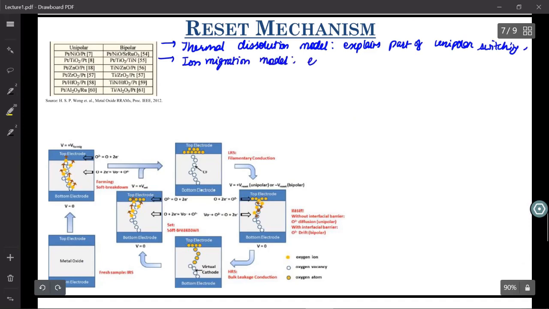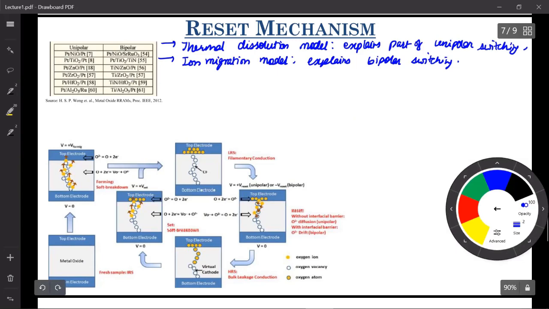That model explains your bipolar switching to some extent. However, there needs to be a unified model which explains both of them together. This model was given by Professor Shimeng Yu of Georgia Tech recently, I think in 2015 or 16. So we will be discussing that as well.